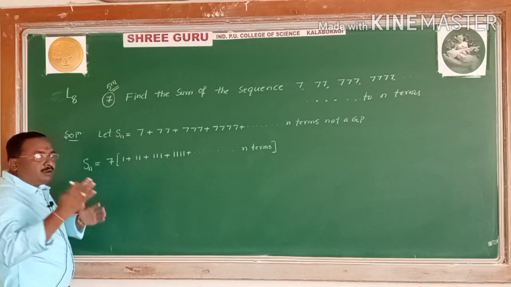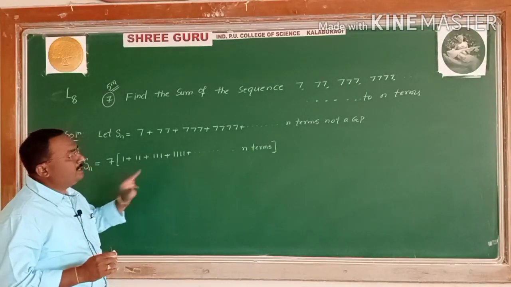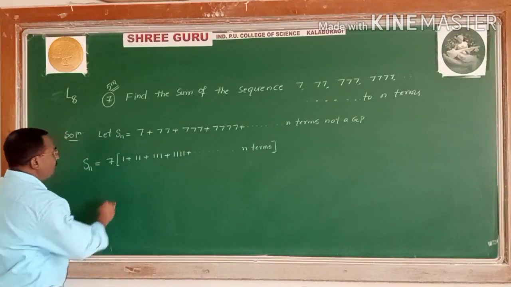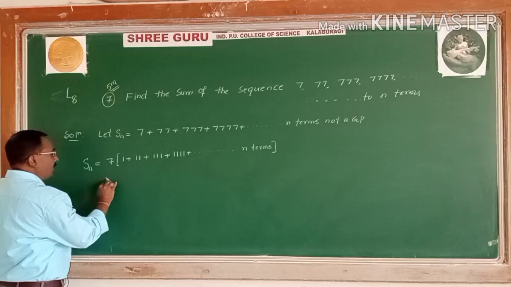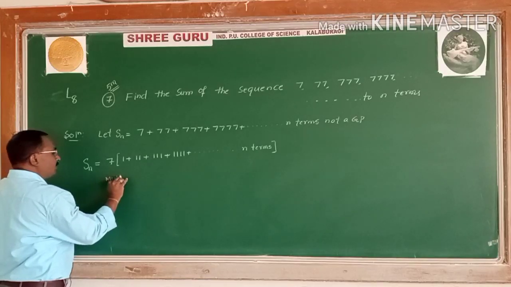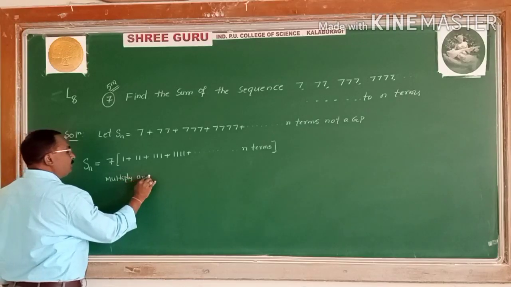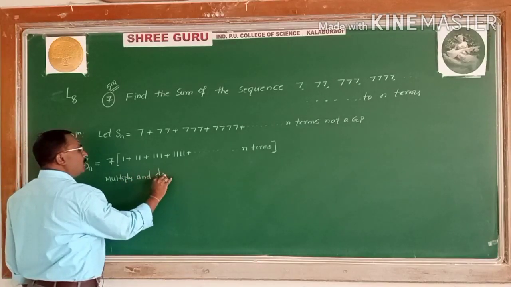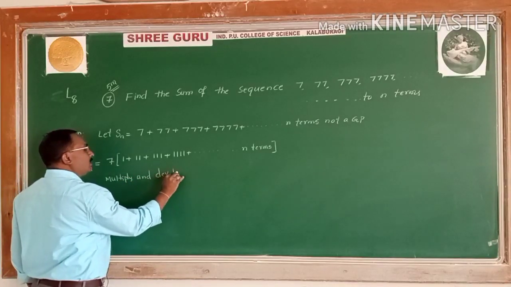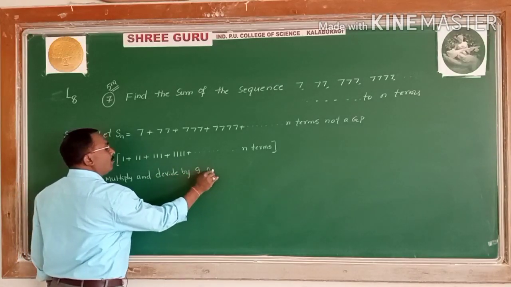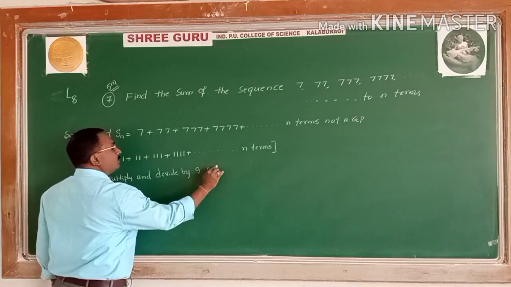Here the next step is what? One very important condition in this type of example: same numbers in the form of same numbers. The biggest number is 9. Multiply and divide by 9 on the RHS side.